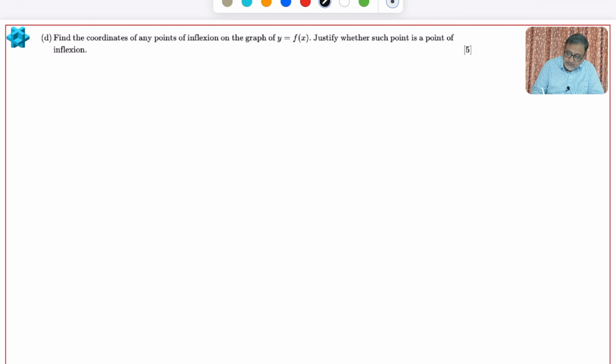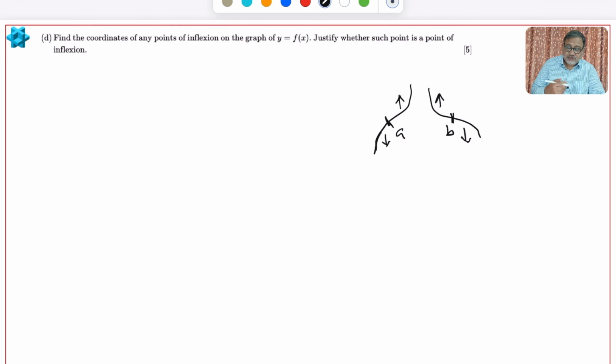On the left of A it is concave down, and on the right of A it is concave up, or the reverse. Such points are called points of inflection, right?